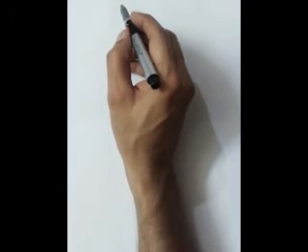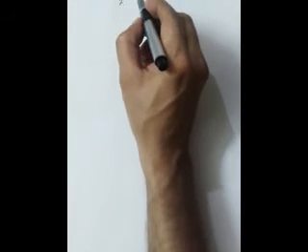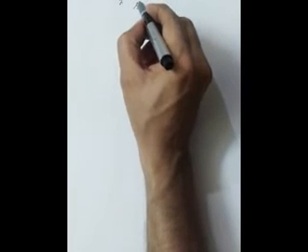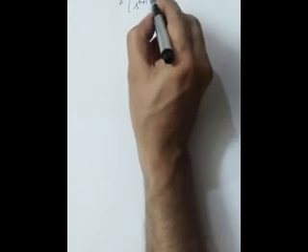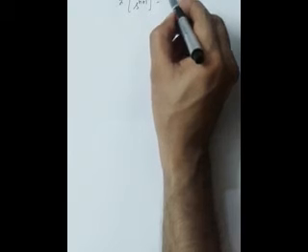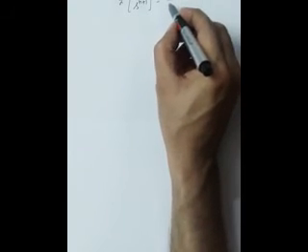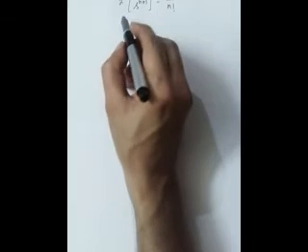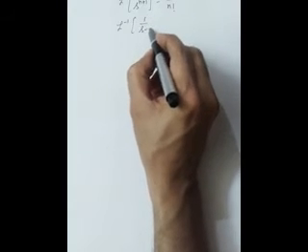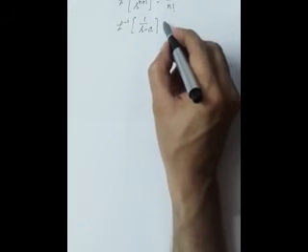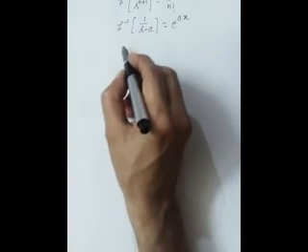Now we recall the formula. The inverse Laplace transform of 1 upon s raised to the power n plus 1 is equal to x raised to the power n upon n factorial. The inverse Laplace transform of 1 upon s minus a is equal to exponential of ax.